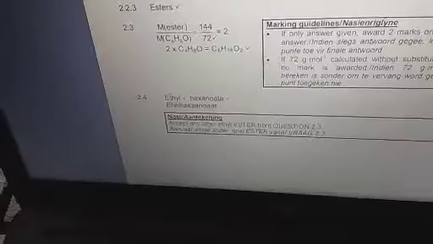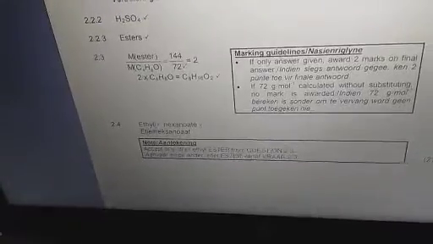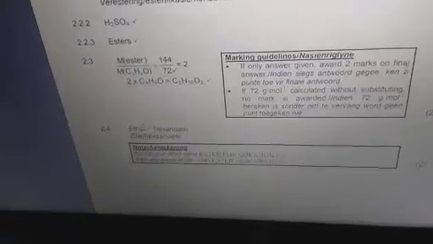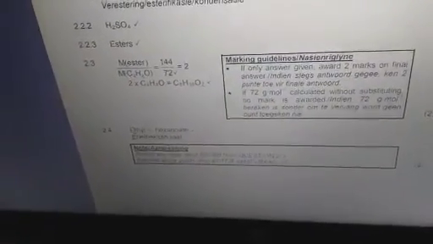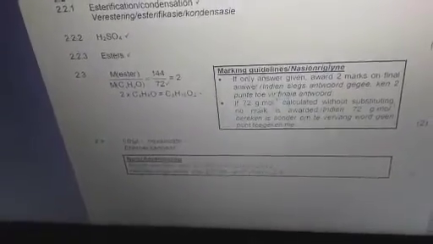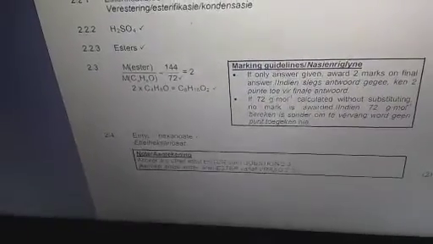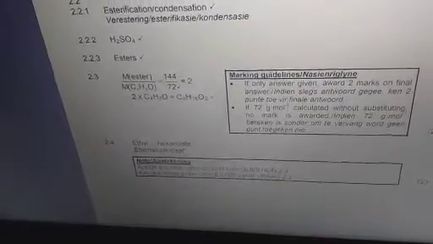The reason is that when you name an ester, you start with the alcohol. The alcohol is ethanol, so instead of saying ethanol hexanoate, you drop the NOL and it becomes ethyl hexanoate. That's what it is.